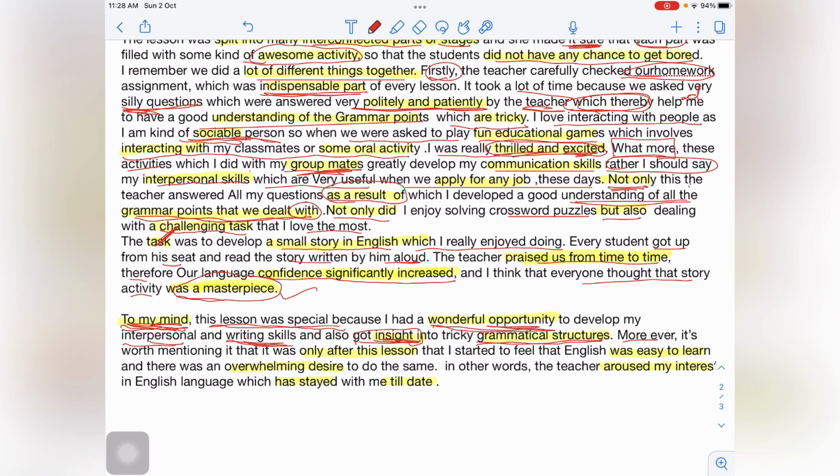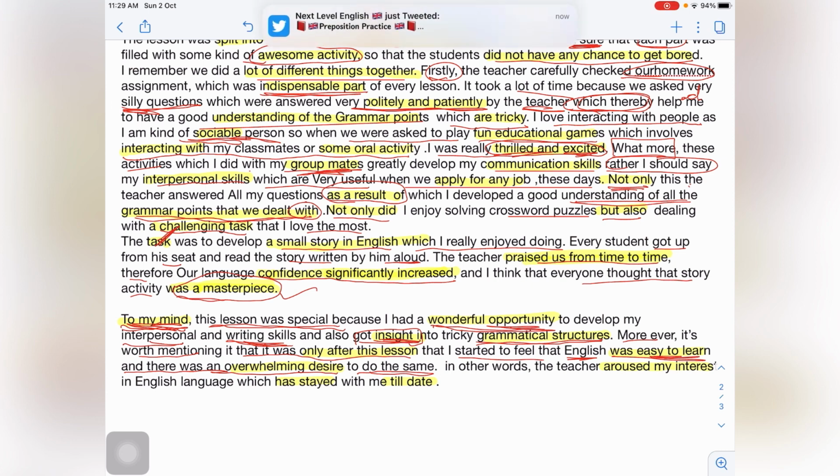Moreover, it's worth mentioning that it was only after this lesson that I started to feel that English was easy to learn. And there was an overwhelming desire to do the same. Overwhelming means it is something you cannot stop, and you really want to learn.